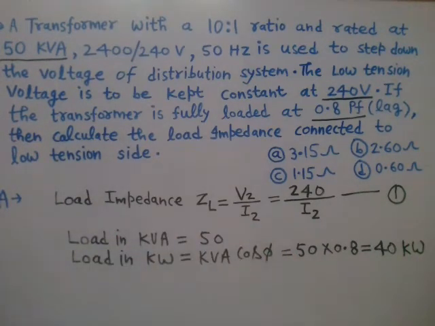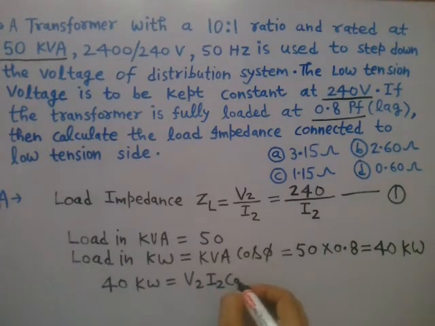Now this data will give you the current I2. This 40 kilowatt is nothing but V2 I2 cos phi.